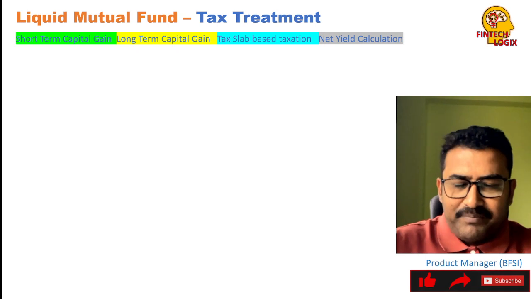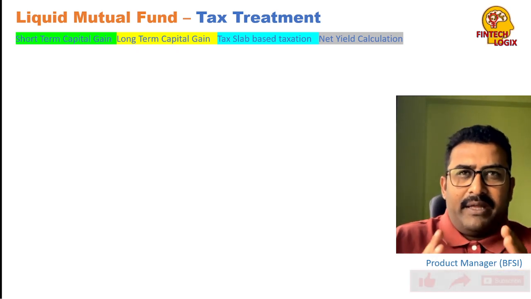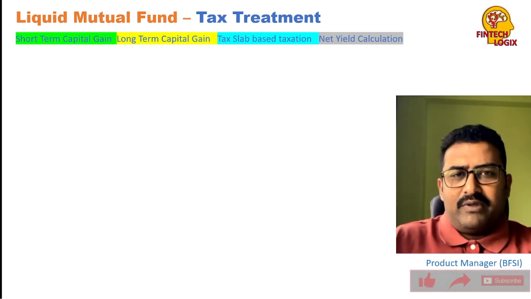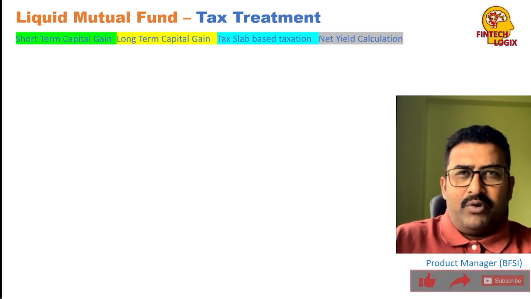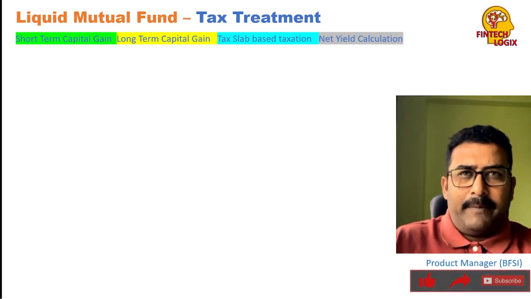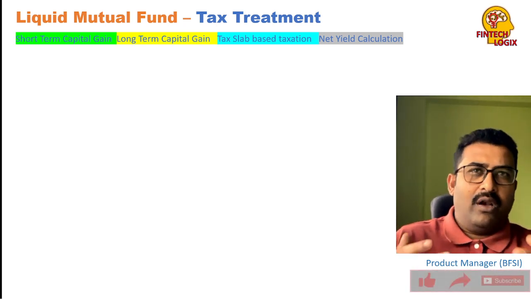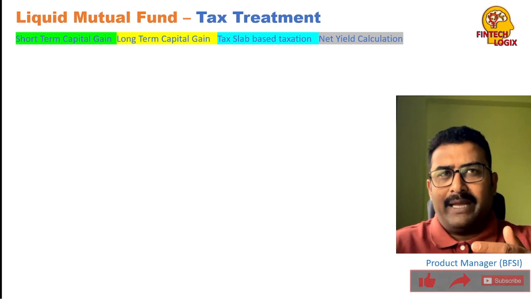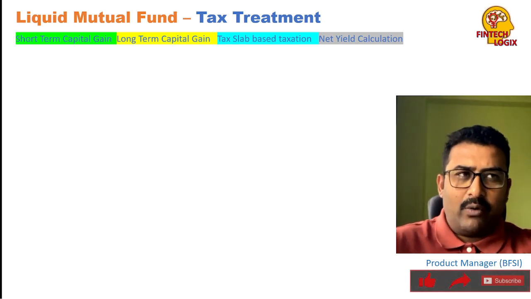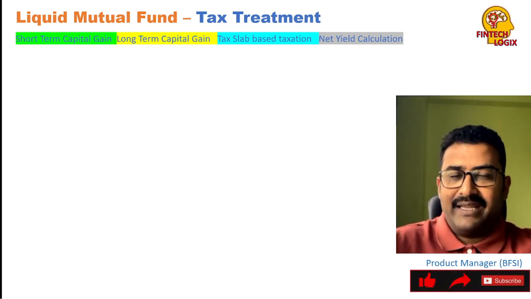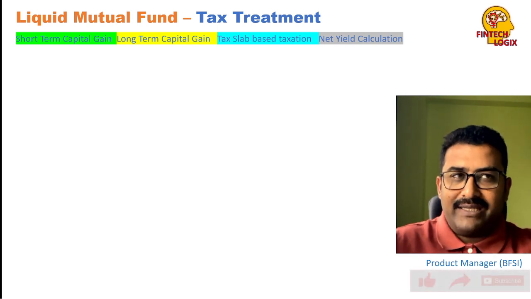Please have a look. Now, from the angle of any mutual fund, we should know that we get taxed either as short-term capital gain or long-term capital gain. Short-term capital gain is when your investment horizon is less than 3 years, and if it is more than 3 years, then we get long-term capital gains.